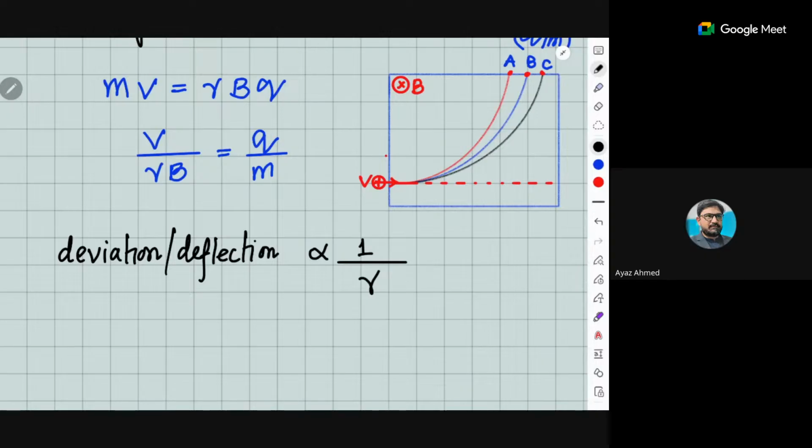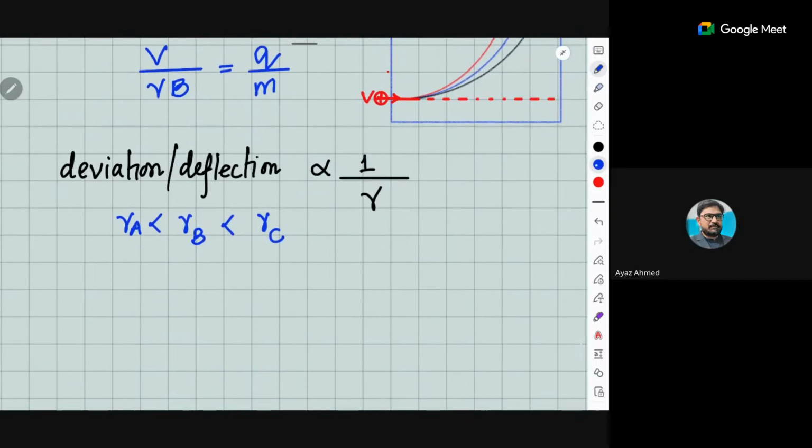If I see from here, A will make a smaller circle. So the radius of curvature of A is smaller than that of B, and that is smaller than that of C. That shows that the deflection of A is greater than the deflection of B, and that is greater than the deflection of C. Is this point clear to everyone?